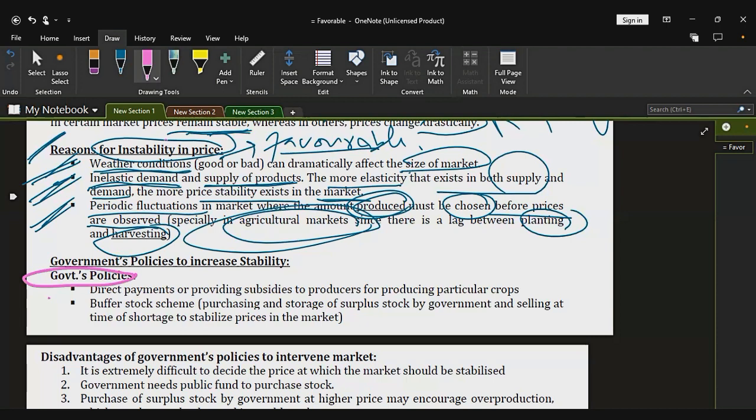The government can control direct payments or provide subsidies to producers for producing particular groups or particular crops.